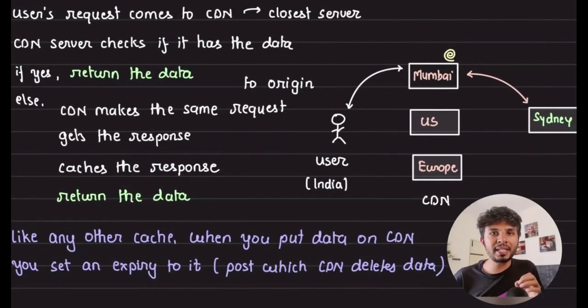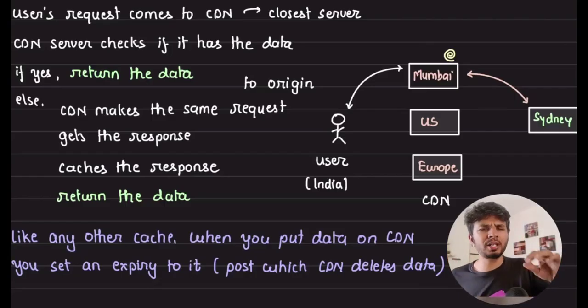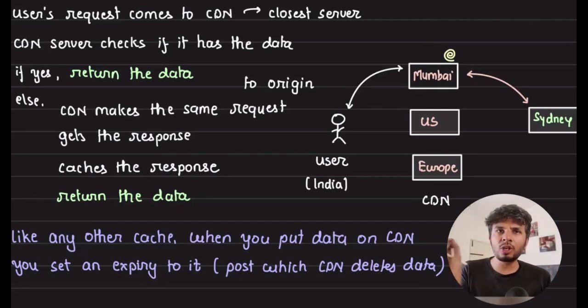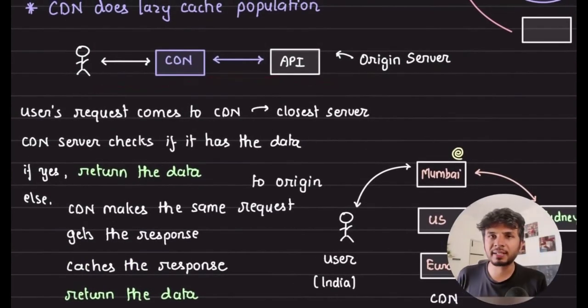Always remember this: CDN is just a geographically distributed cache, which is lazily populated in general, right? You can still push data to CDN, but it's a very different way to do it. Won't go into those details, but understand this. In 99.99% of cases, CDN is configured with lazy population, exactly how I described, right?